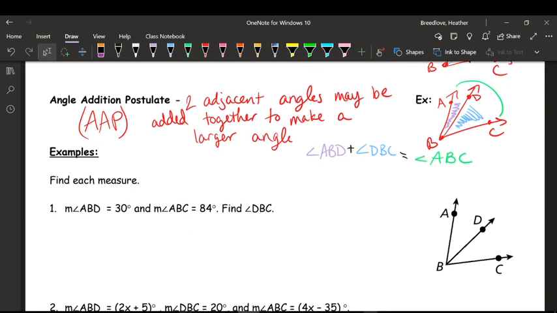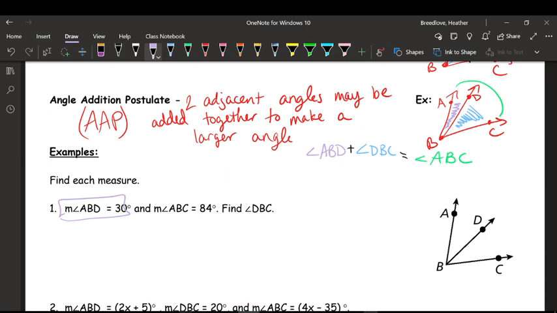So looking at the first example, the measure of ABD is 30 degrees. So I am going to mark that, and as you can tell, I like to use colors. I find it very helpful in geometry. Pictures and colors, so it just simplifies what you're taking in so your brain can process it quicker. So 30 degrees, ABD.